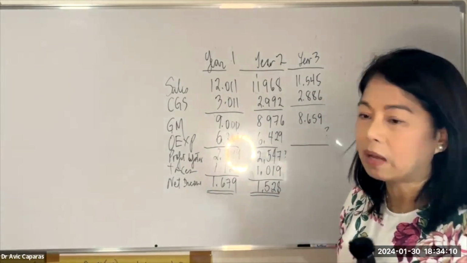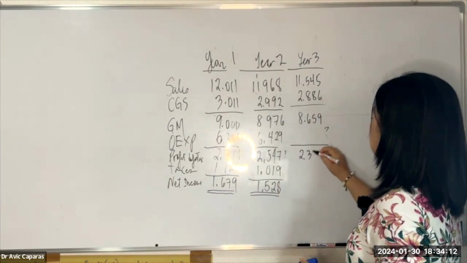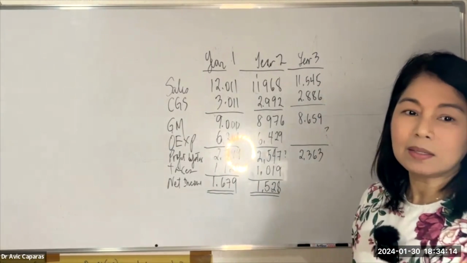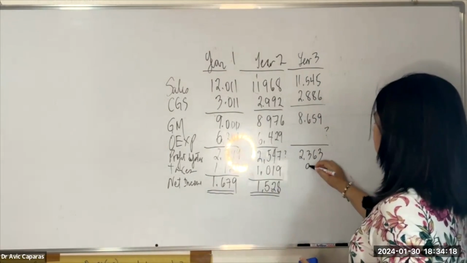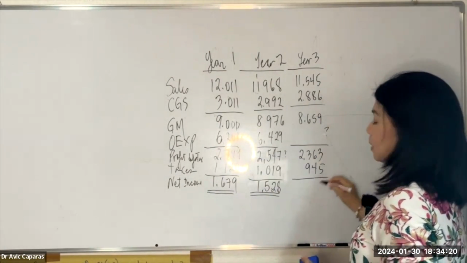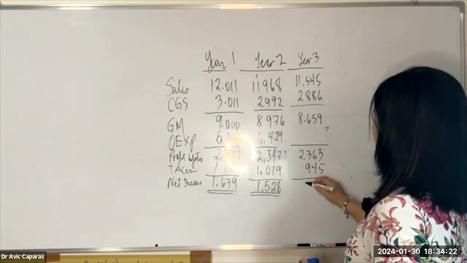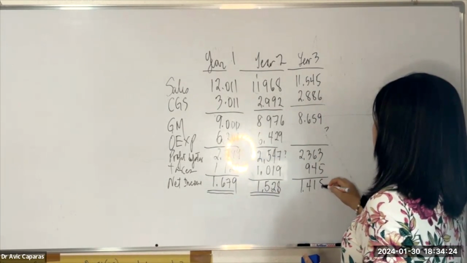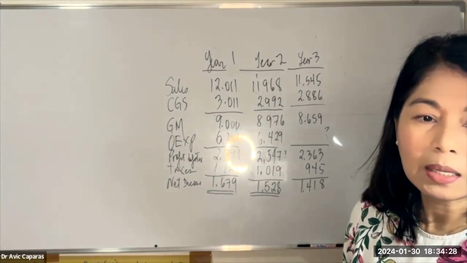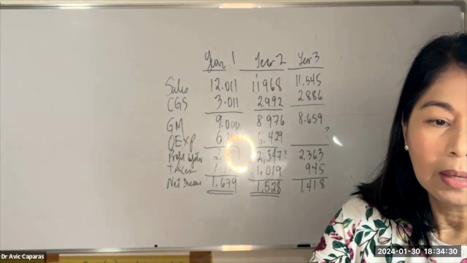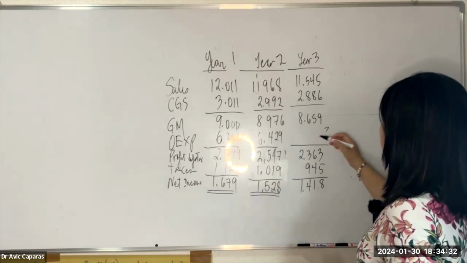Why? Because you have 2, 3, 63. What is the answer? Minus 945. This should give you 1418, 1316, 131. Okay, so the answer is 6296.